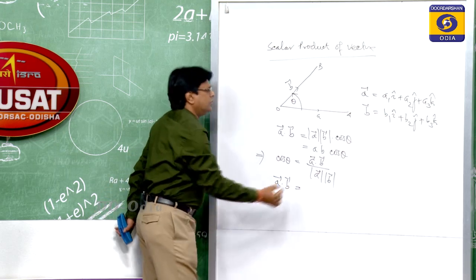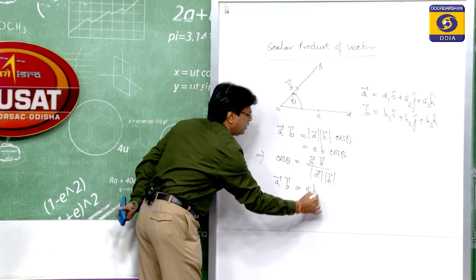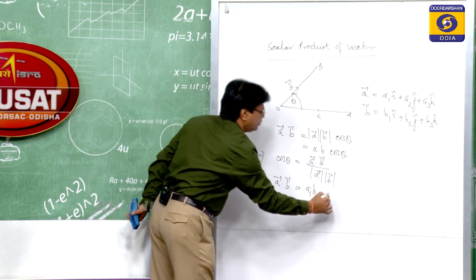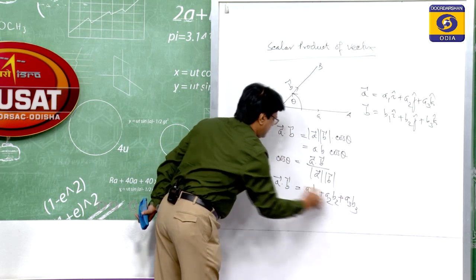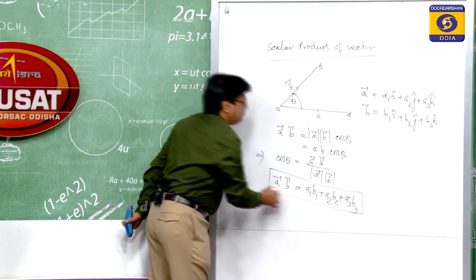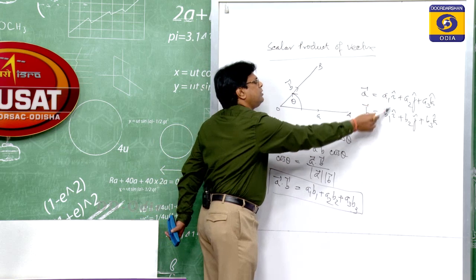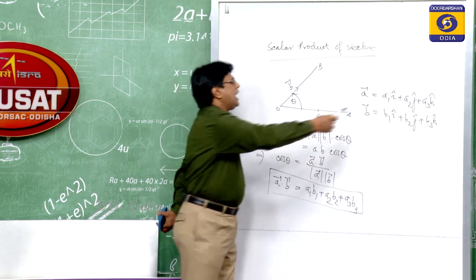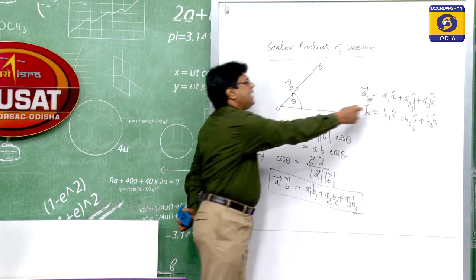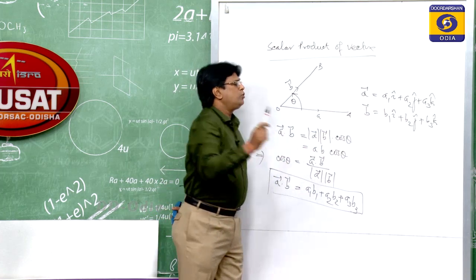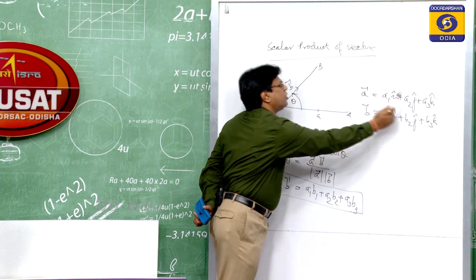is equal to A1 B1 plus A2 B2 plus A3 B3, because we only multiply these two vectors: i dot i is equal to 1, but i dot j is equal to 0, i dot k is equal to 0.